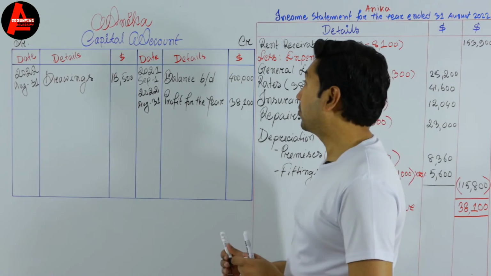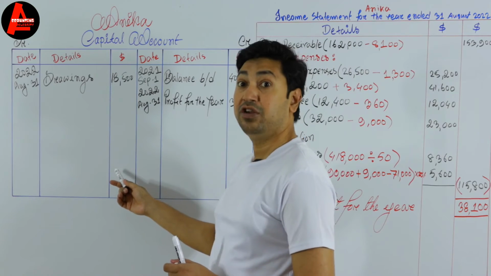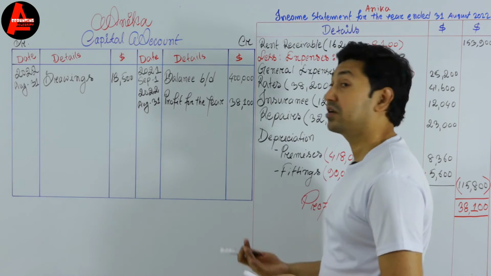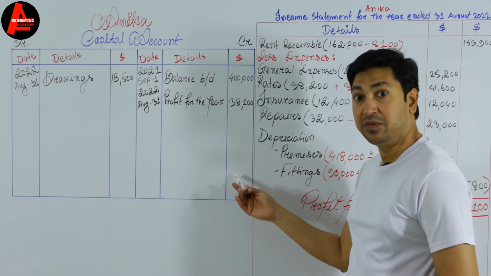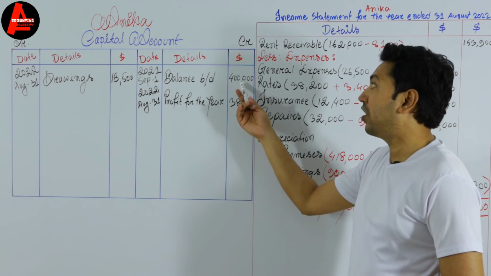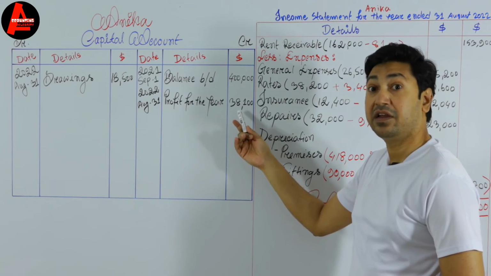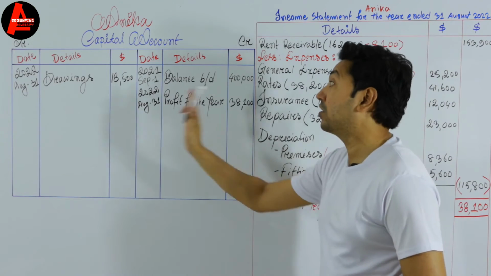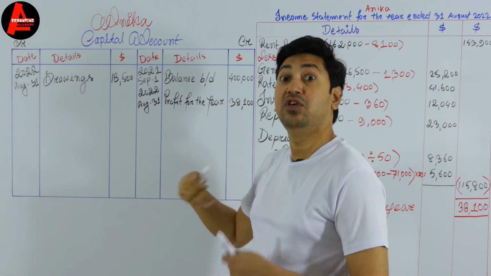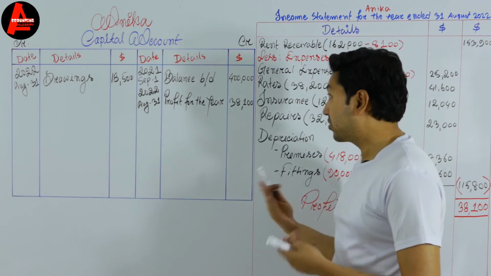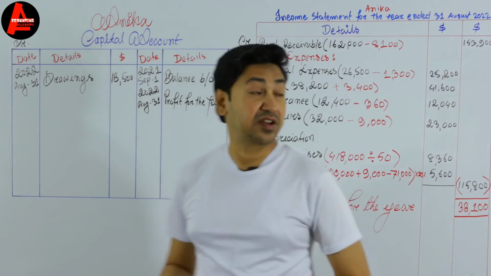First of all, we have to compare the debit and credit columns and check which column is greater in value. Our credit column is greater: here we have $400,000 and $38,100, while on the debit side we have only one item, which is $18,500. So we total the credit column first because it is the greater column.